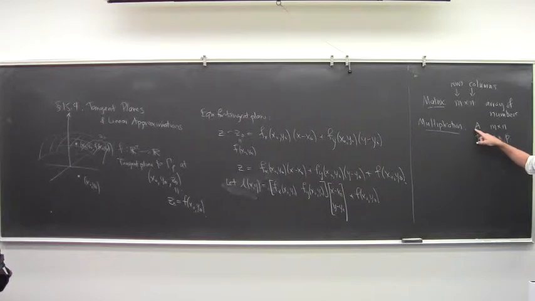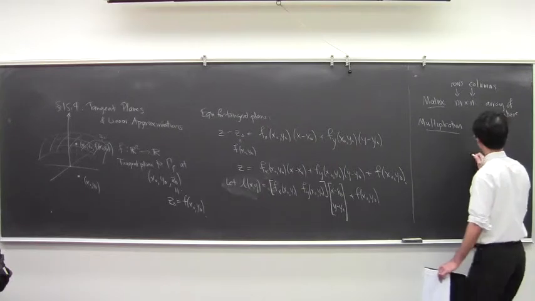In that case, you're allowed to multiply the m by n by the n by p matrix. That's the only time you're allowed to multiply matrices: the number of columns of the left matrix must equal the number of rows of the right matrix.